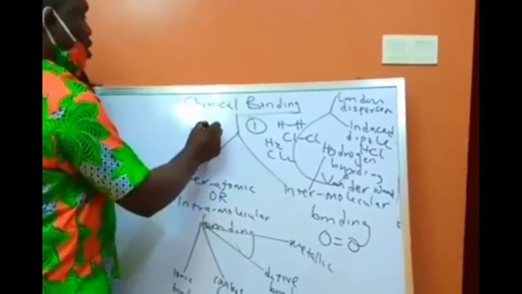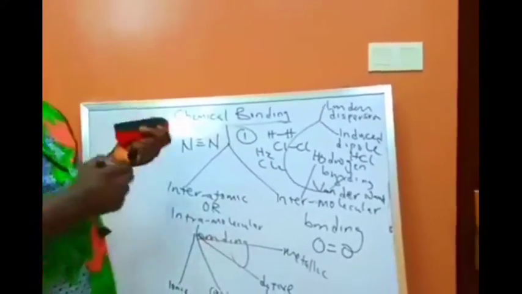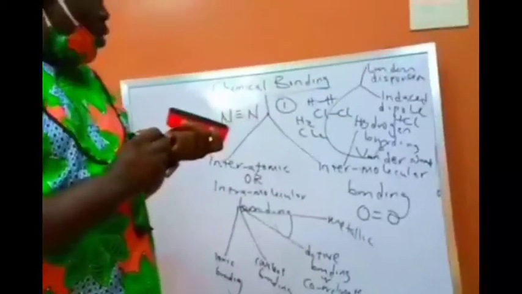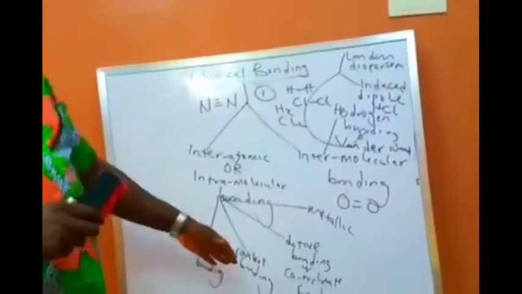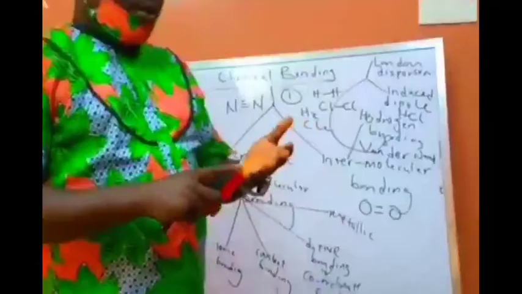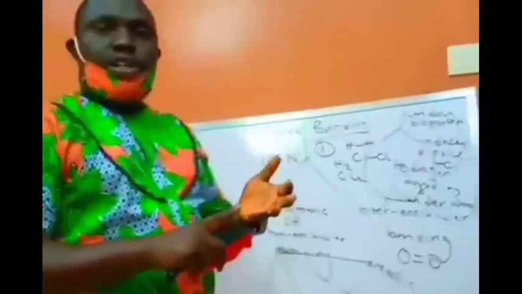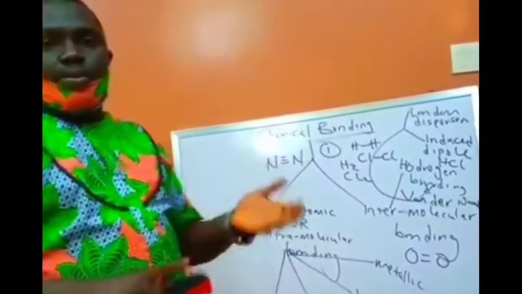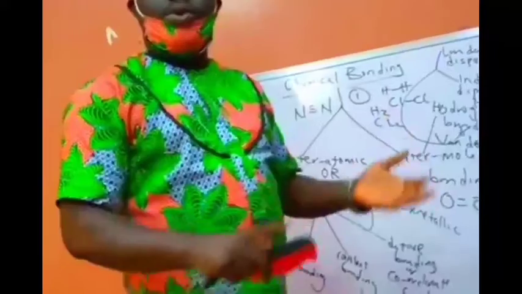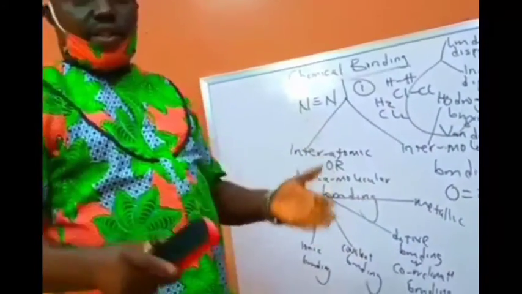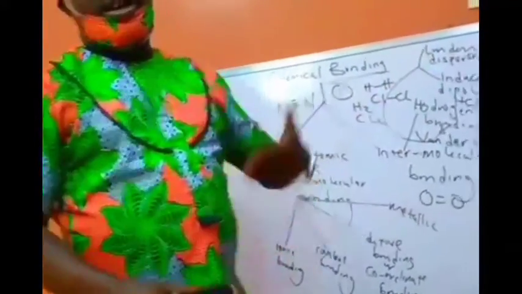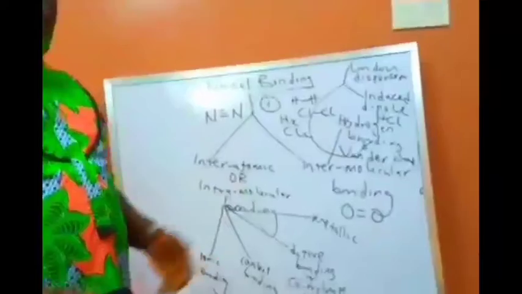For nitrogen, it is tricovalent bonding. So you must know that. So the characteristics of covalent bonding are, number 1, they are aggregates of molecules. Number 2, they have low melting point and boiling point. 3, they are insoluble in water, but they are soluble in organic solvents such as your ether, kerosene, benzene, and so on.